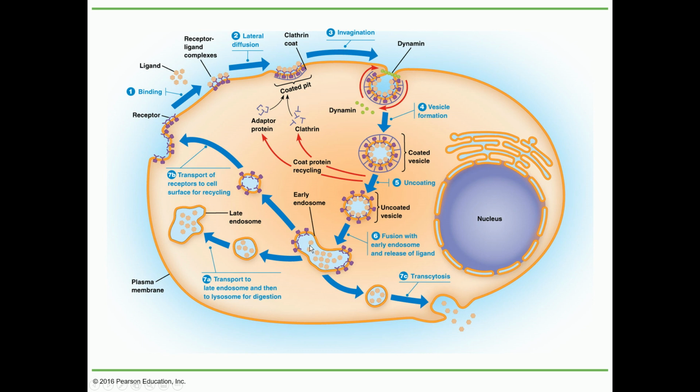They are recycled. Now what is left in this early endosome is only the ligand. This early endosome becomes a late endosome, and then a lysosome. The ligand is digested with the help of the enzymes in this vesicle.